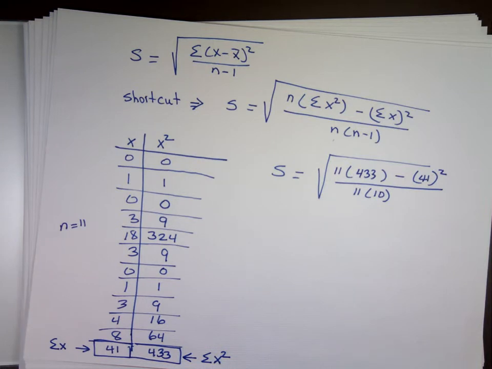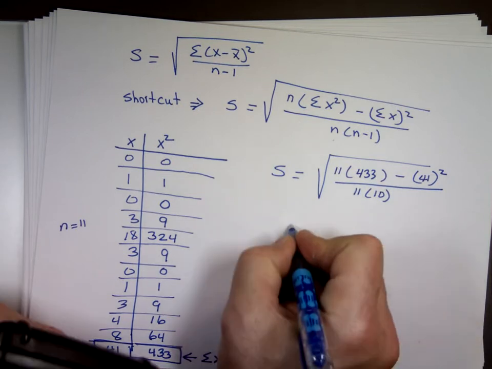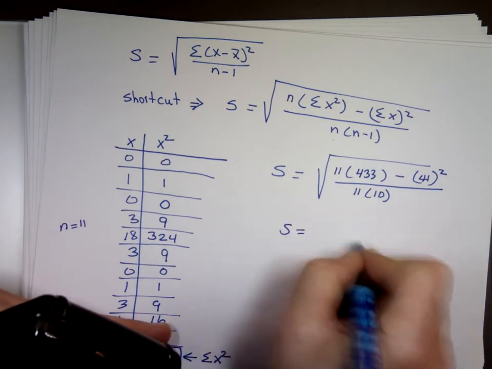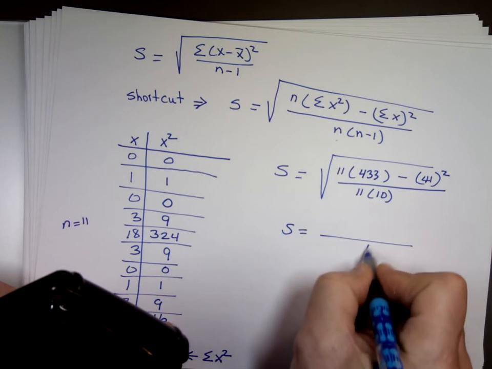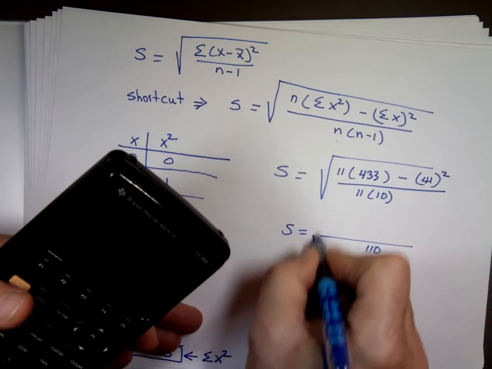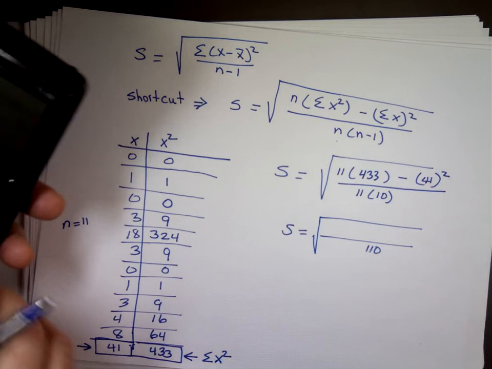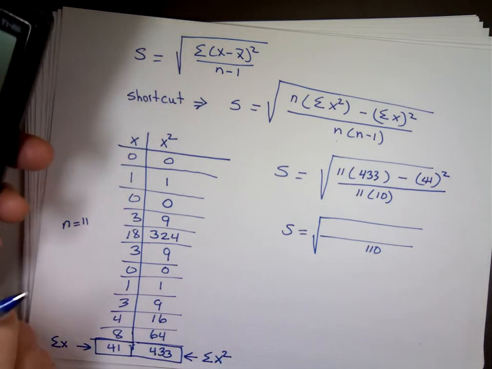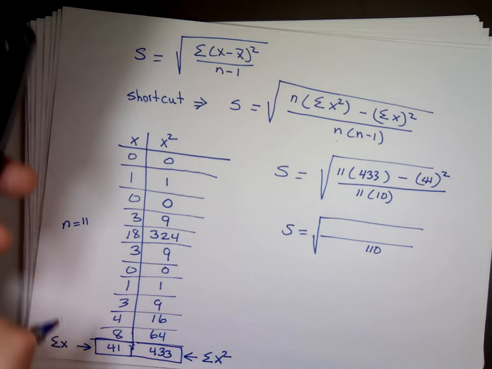Let's see what the top number is going to be equal to. And the bottom number? 11 times 10 is what? What about the top number? 11 times 433 minus 41 squared is 3082.